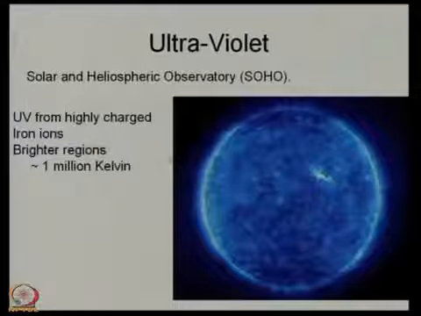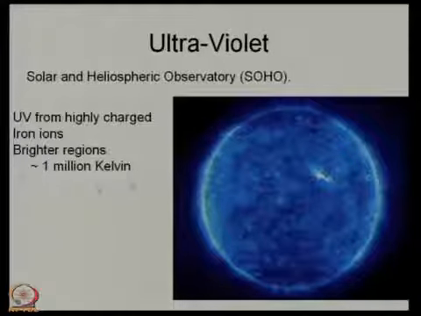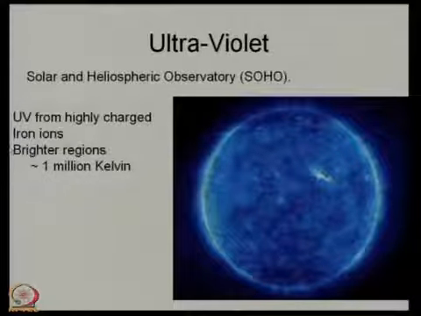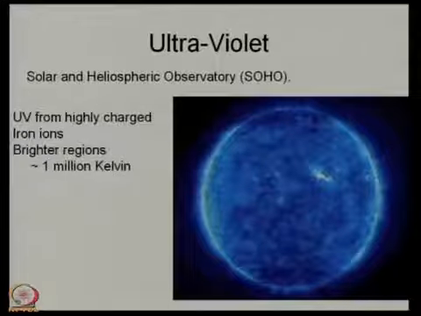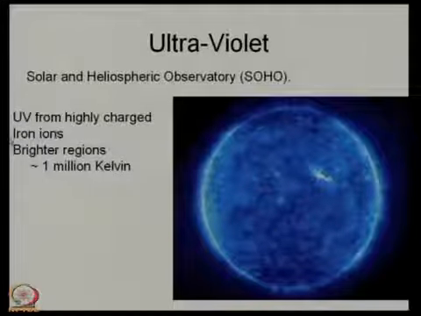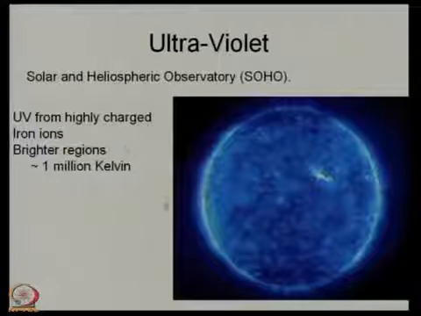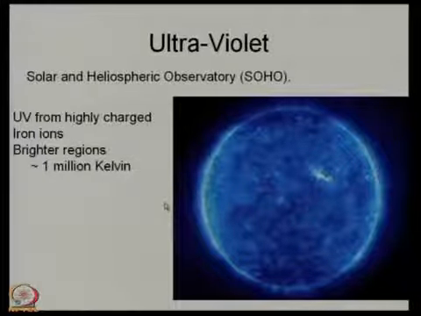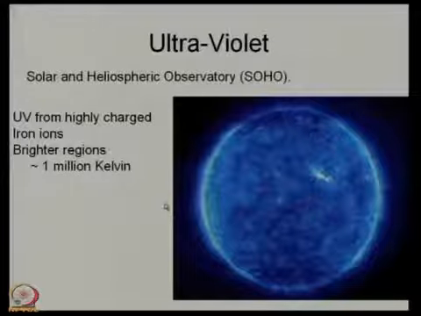For iron, yes. If you infer a temperature from this, the temperature of the medium there would be around 1,000,000 Kelvin. It's a particular line which is emitted by highly ionized iron. Well, there are methods of doing it.